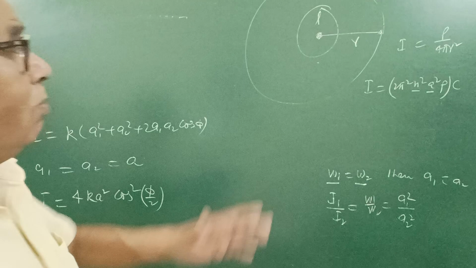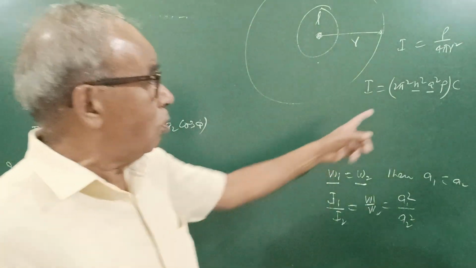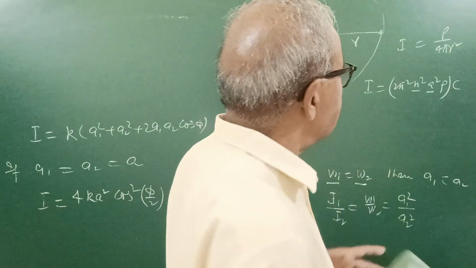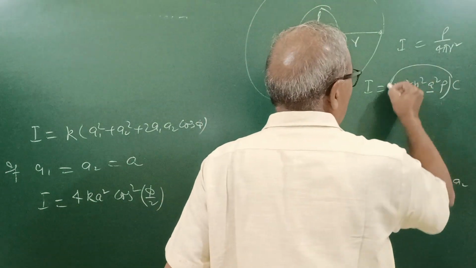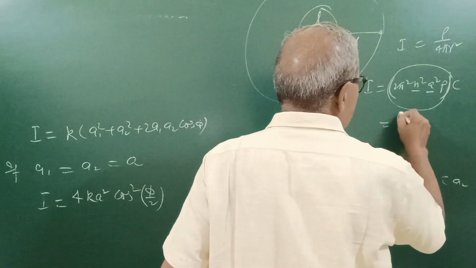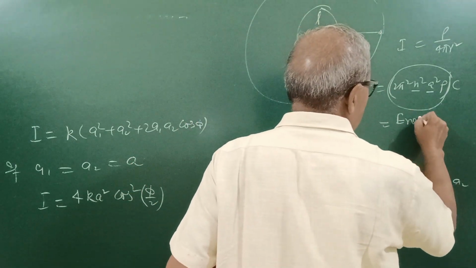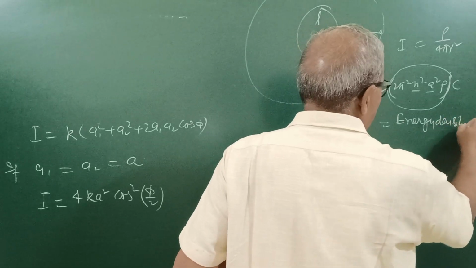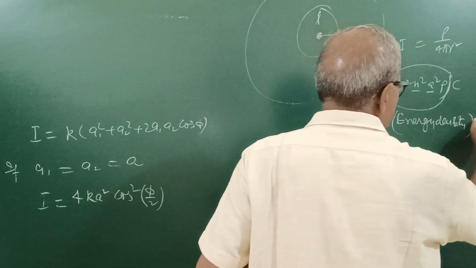So in interference we take waves of the same frequency, so frequency is constant, and density is constant in case of sound wave. And this whole part we call the energy density of the wave. Energy density into C.